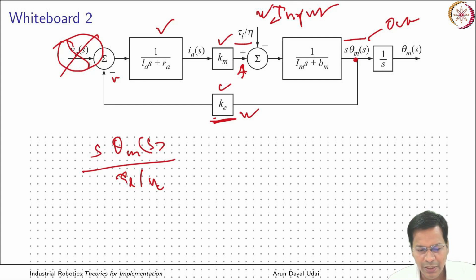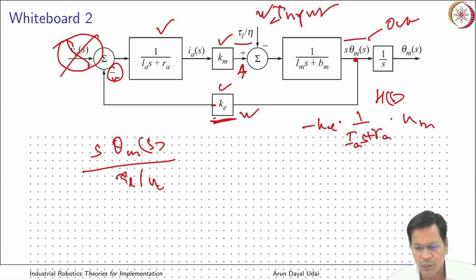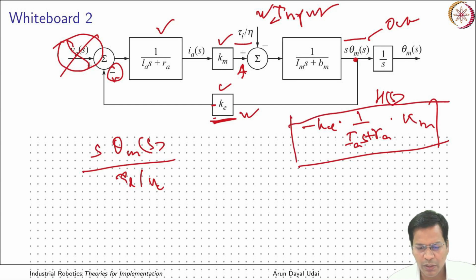So minus of Ke will be visible because you have a negative sign over here. So Ke into, so you have total terms which are there in the H(s) side of it, that is the feedback side, will be Ke into 1 by (Ia s Ra plus Ra) into Km. So all these will be there as the H(s) block.